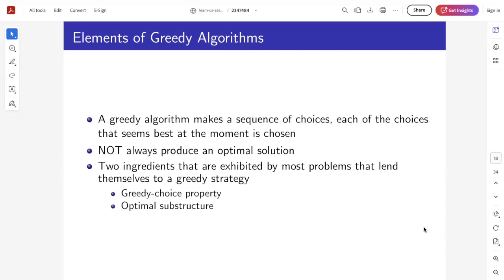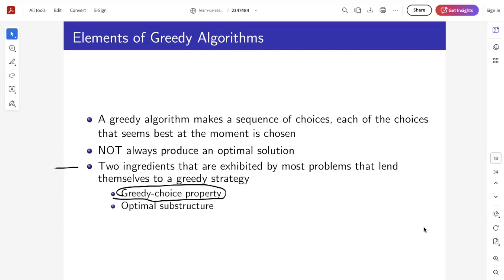Okay, hence there are two ingredients that are exhibited by most problems that lend themselves to a greedy strategy. First of all, it has the greedy choice property. What that means is, in the earlier proof, we saw that if my greedy choice is not in my optimal solution, I can always find another optimal solution with that greedy choice.